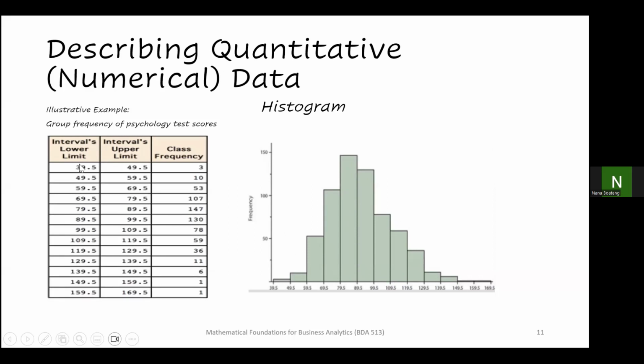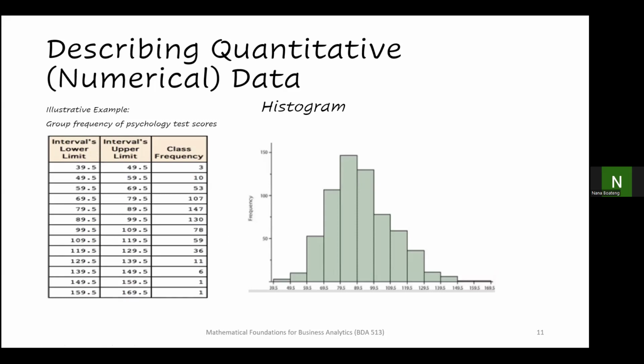Now, supposing we change these groupings and make them bigger, let's say from 39.5 to 59.5. The number of groupings will become smaller. But when it becomes like that, you will not be able to see some particular issues. The smaller the groups are, the more you are able to see how the observations are distributed.